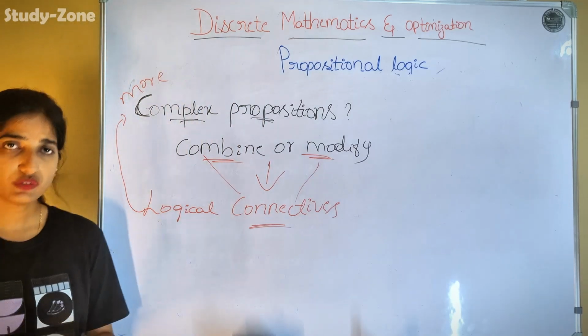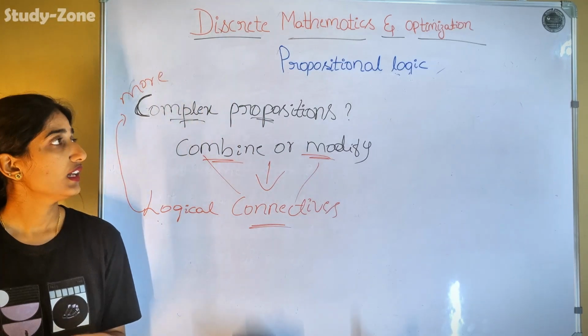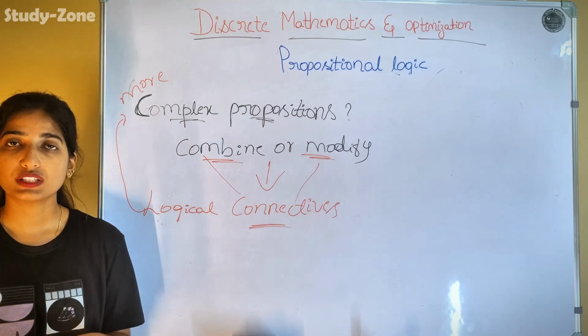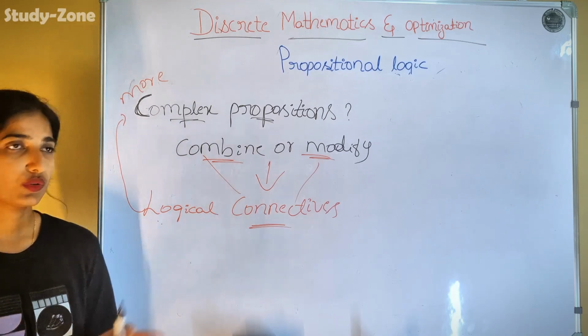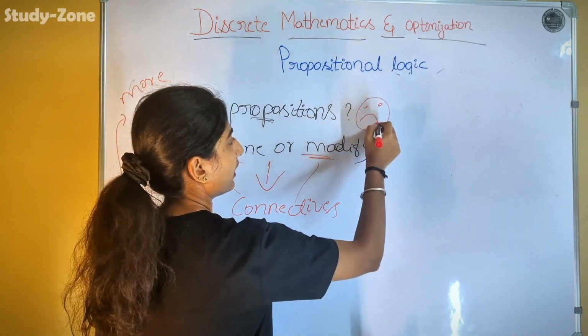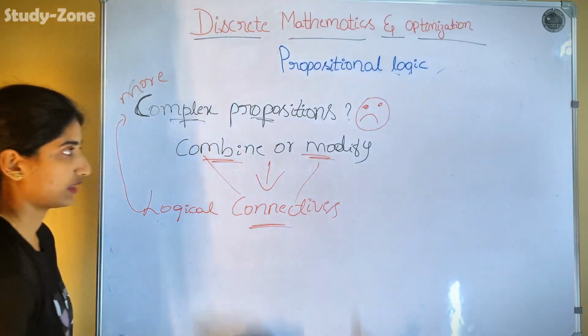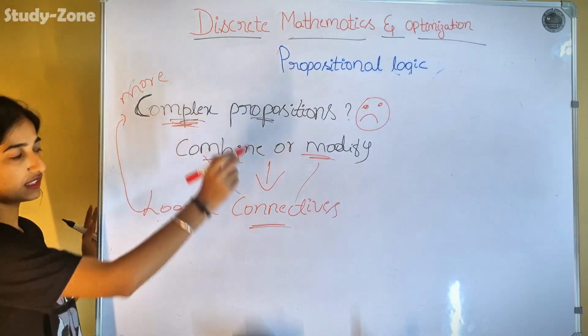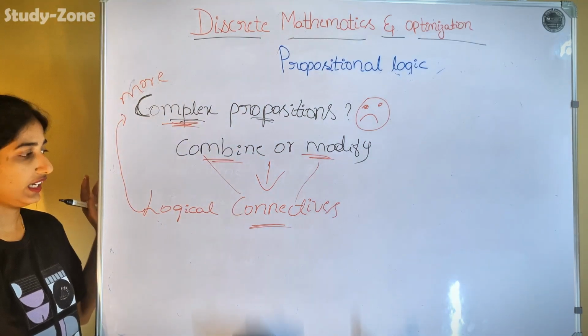For everyone, the question may arise that in our life we want everything to be simplified, right? We don't want complex things in our life. We don't like complexity. But sometimes complex things are very much necessary in our life.